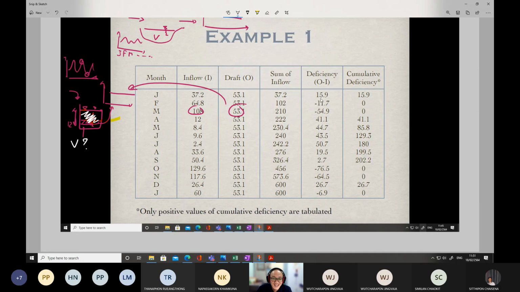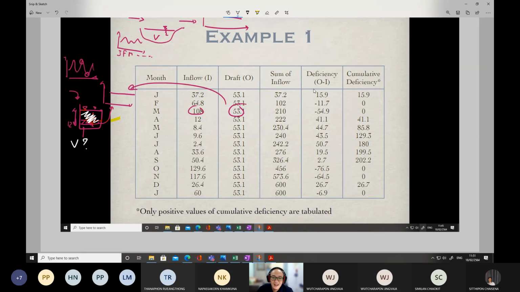So the deficiency is 15.9. You take 53.1 minus 37.2, you get 15.9. But in the second month, January, the inflow is greater than the draft, so we have extra amounts of water. The draft is just 53.1, but the inflow is 64.8.